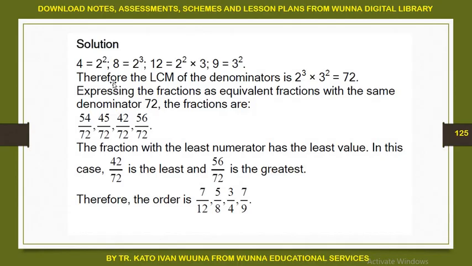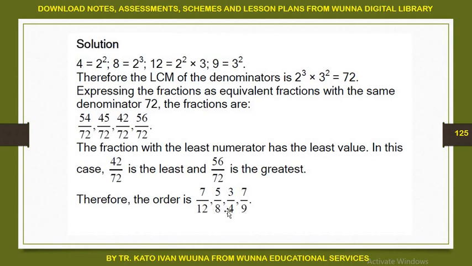Alright, so after obtaining our LCM of the denominators, which is 72, we are going to express the fractions as equivalent fractions with the same denominator, 72, since it is our LCM of the previous denominators, which were 12, 8, 4, and 9.